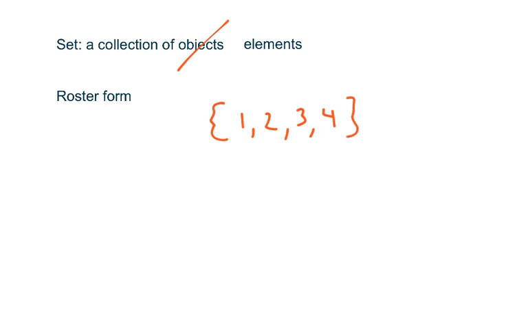You'll notice those squiggly lines that I've just made there. Those are called braces. We are not going to use parentheses, and we're not going to use brackets. When we list a set in roster form, we are going to use braces.